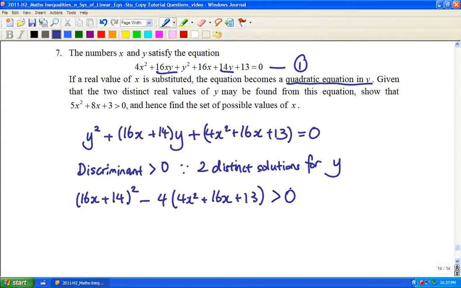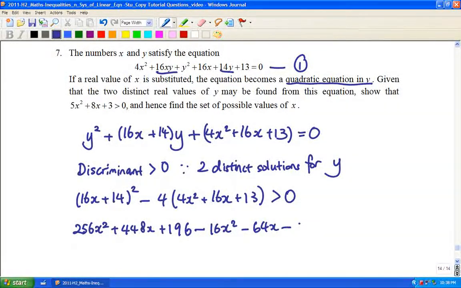Expanding out, we will get 256x squared plus 448x plus 196, minus away 16x squared minus 64x minus 52, is greater than 0.